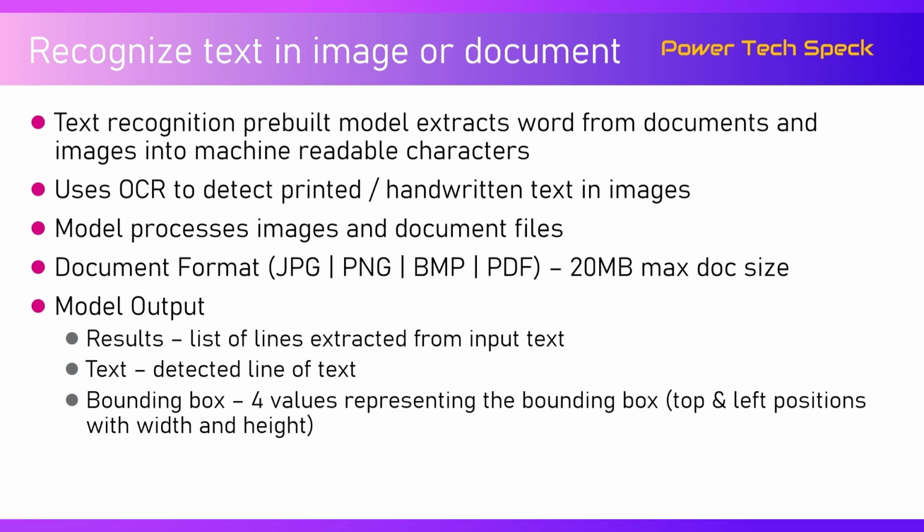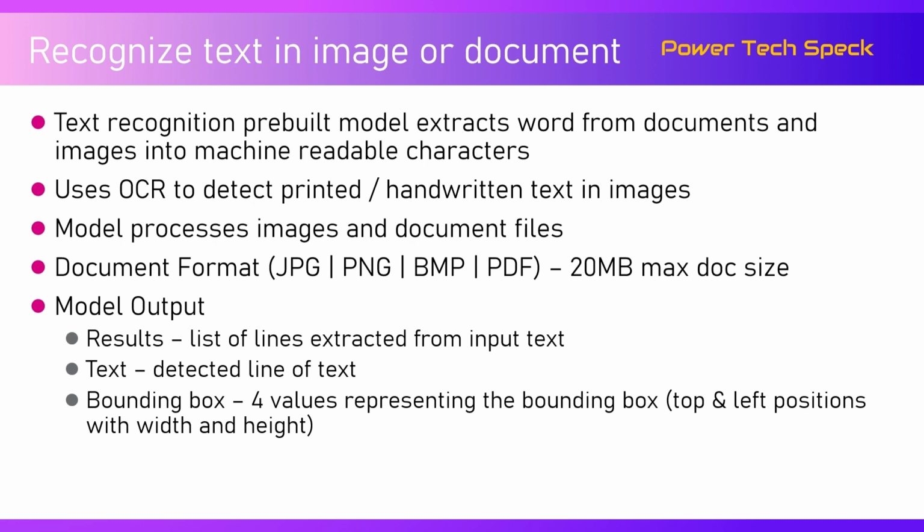Now, the purpose of this is, say, for example, if you have a scanned copy of handwritten content, it can be a letter, a contract, or any historical artifact which you want to input into the computer system, so basically keep a soft copy of that particular document, then you can use this action.